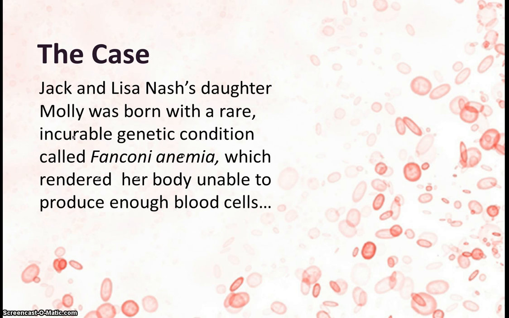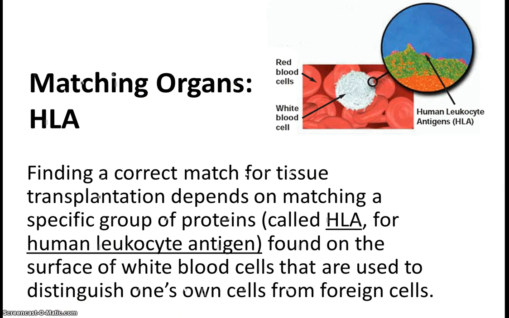Alright, welcome back. So the case study here is about Jack and Lisa Nash's daughter, Molly, who was born with a rare, incurable genetic condition called Fanconi anemia, which will render her body unable to produce enough blood cells. To find a correct match for tissue transplantation, which is what's going to be necessary to keep Molly alive, really depends on matching a specific group of proteins called HLA, for human leukocyte antigen.